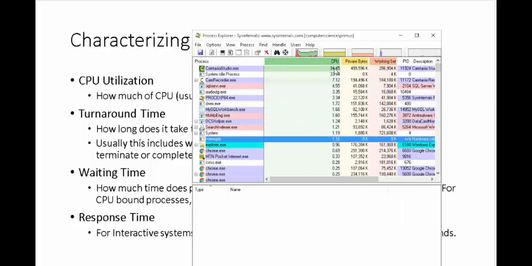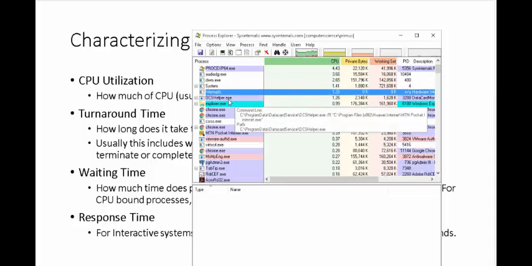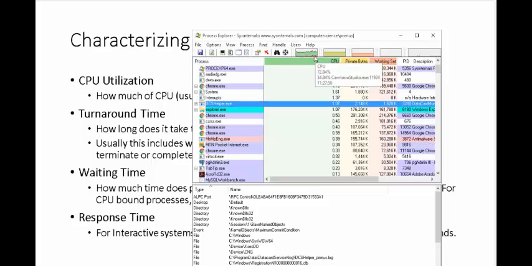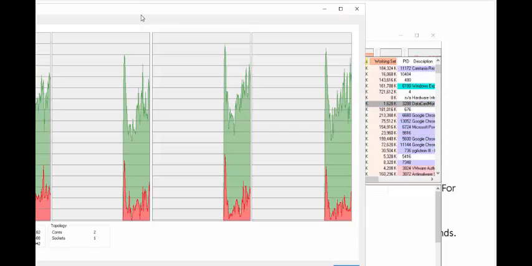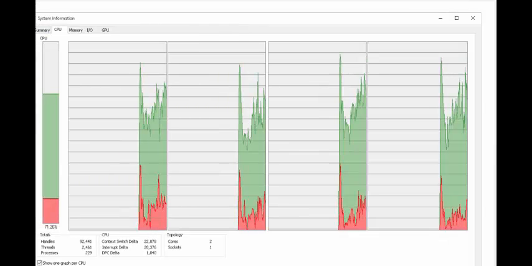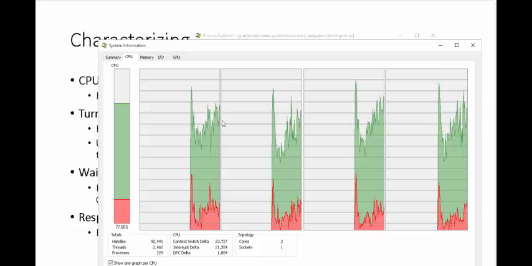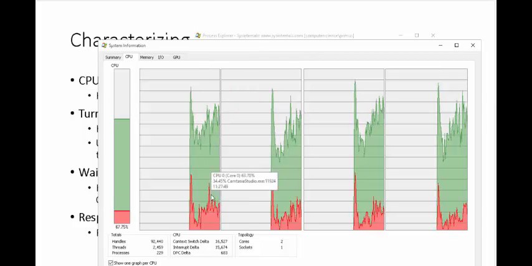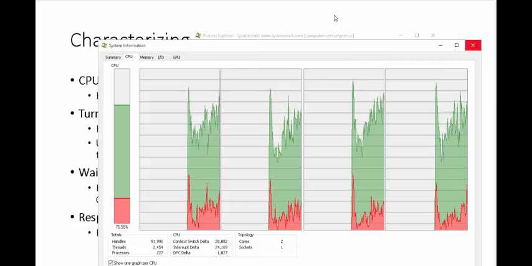We can talk about CPU utilization for a specific program, or we can look at the entire system. You have a few cores, and each core uses the CPU in a certain way. So that is 0 to 100%, that is CPU utilization, right?